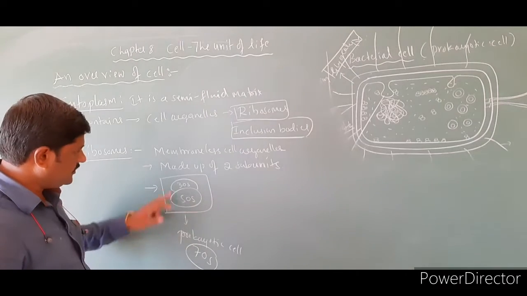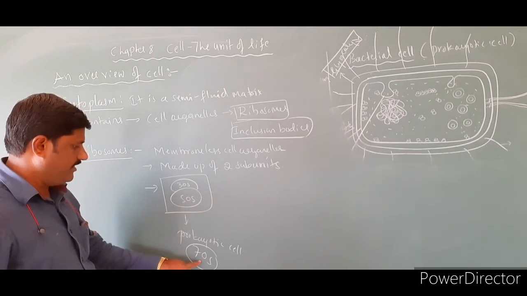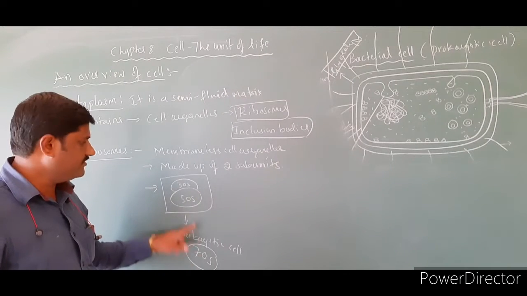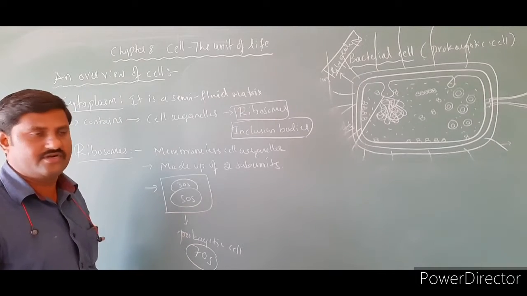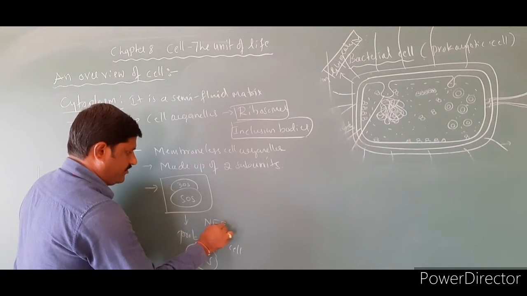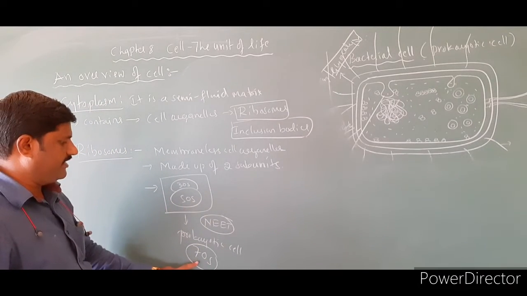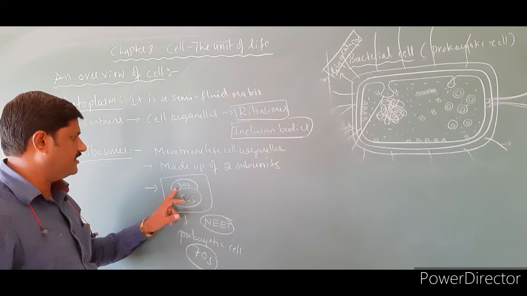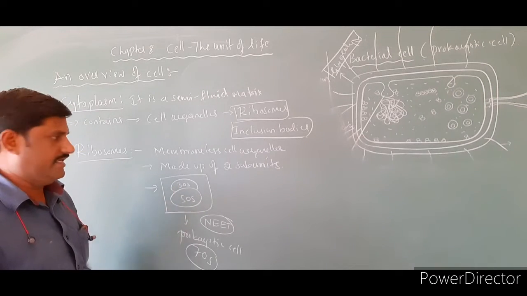Like this, there are two subunits that we come across here. In total it is 70S, so it is called the 70S ribosome. This is a more important point to be noted, right? So in a prokaryotic cell, 70S ribosomes are present. It has two subunits, one is 50S and the other 30S.